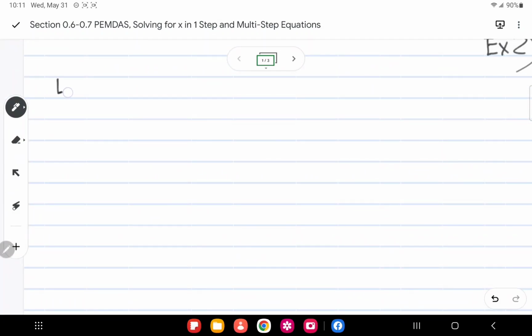Let's do an example 2 with multi-step equations, in which, let's say you have 3x minus 4 equals 11.